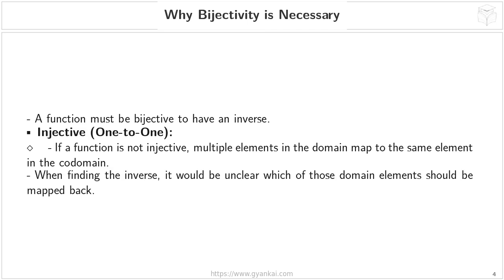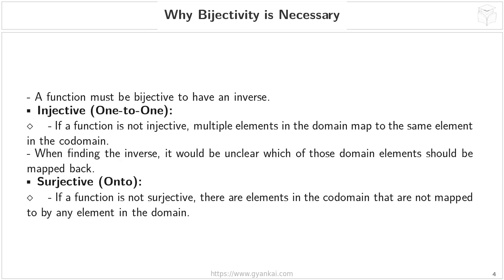Now, when you try to find the inverse, you're essentially trying to go backwards from that destination. But if multiple inputs led to that same destination, which input do you choose to map it back to? It becomes ambiguous, and you can't define a unique inverse. The inverse would not be a function, because a function requires a unique output for every input.